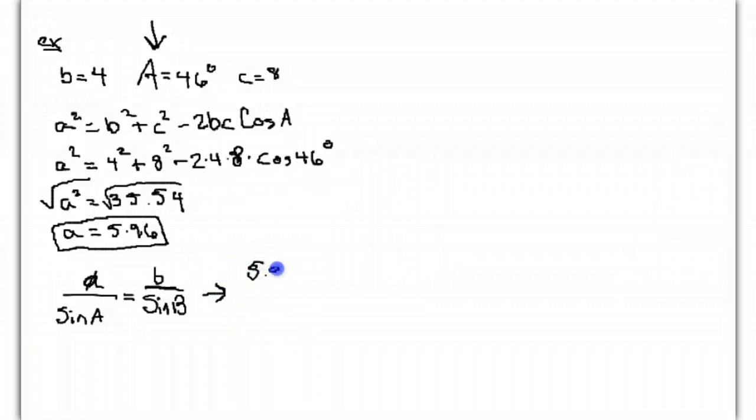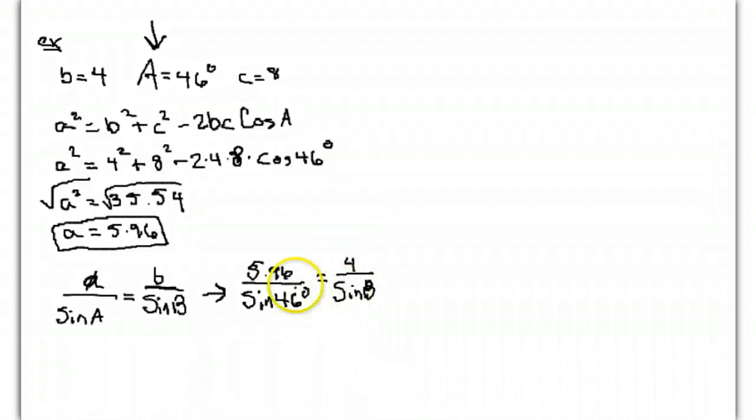So it's 5.96 divided by sine of 46. And then that's equal to little b, which is 4 divided by sine of big B. Because the only thing we don't know in this whole equation is what big B is. And that's what we're trying to figure out.